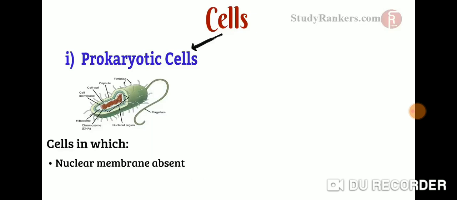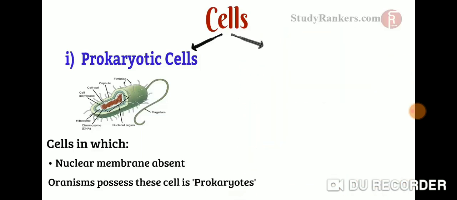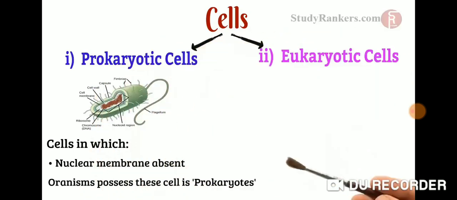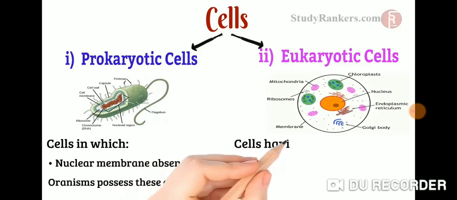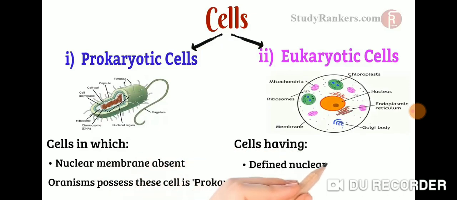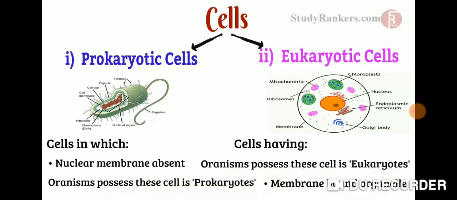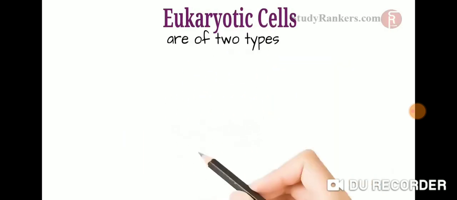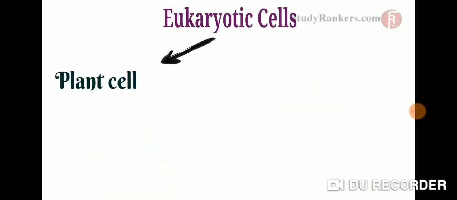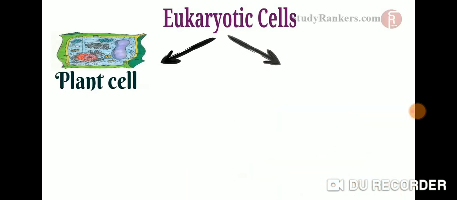The organism that possesses these kinds of cells is known as prokaryotes. The second one is eukaryotic cells. Cells having a well-defined nucleus and membrane-bound cell organelles are termed as eukaryotic cells. The organism that possesses these kinds of cells is known as eukaryote. The eukaryotic cells are of two types. They are plant cell and animal cell.